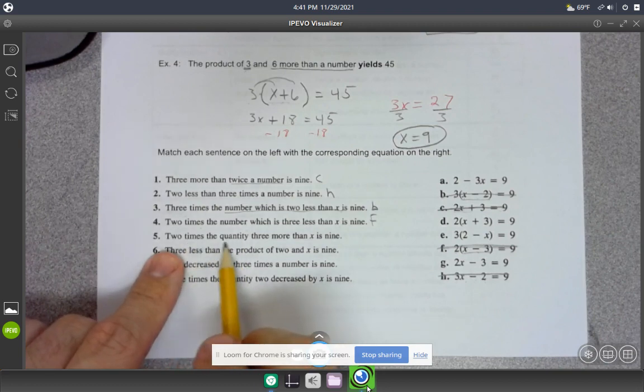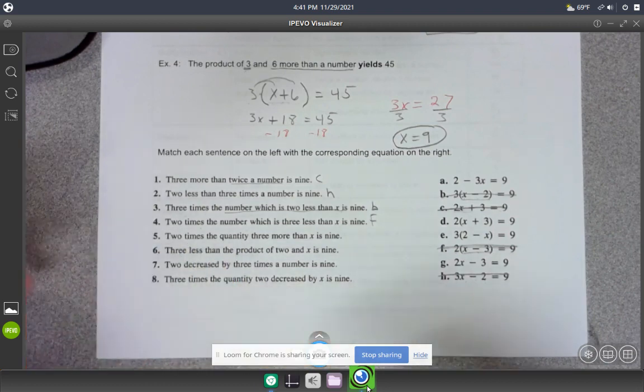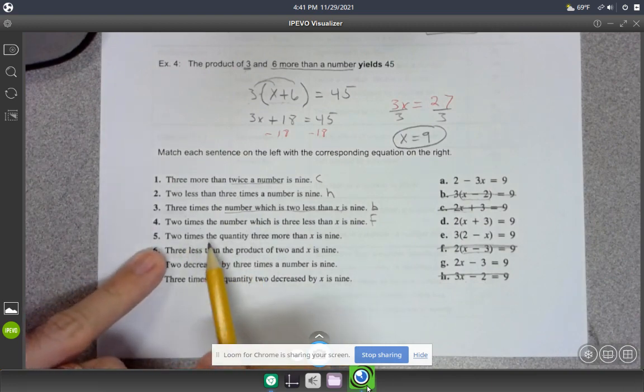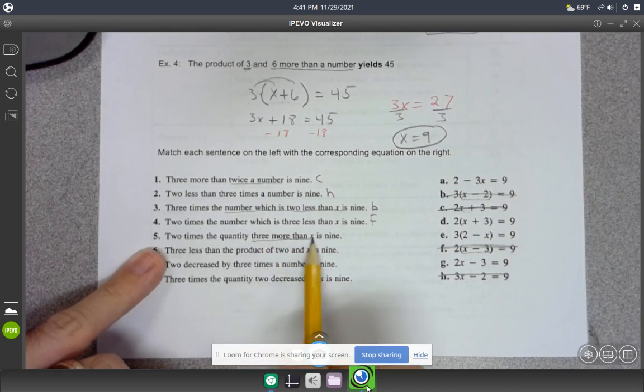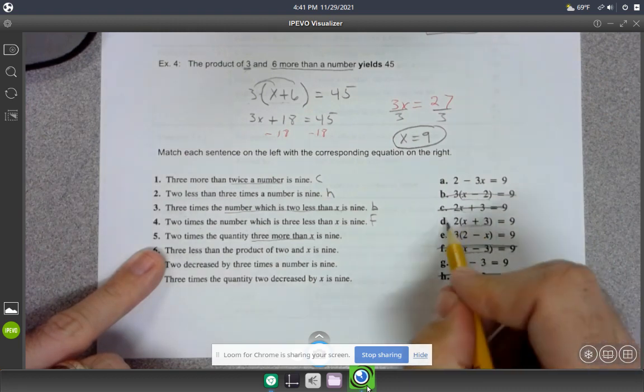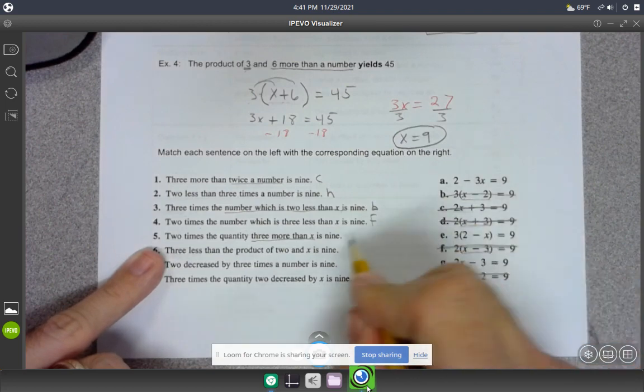Now here the quantity just means, it always means like a grouping symbol, parentheses basically. So 2 multiplied by the quantity 3 more than x. All right, so 3 more than x right there. And I'm doing 2 multiplied by that quantity. So that's going to be option D.